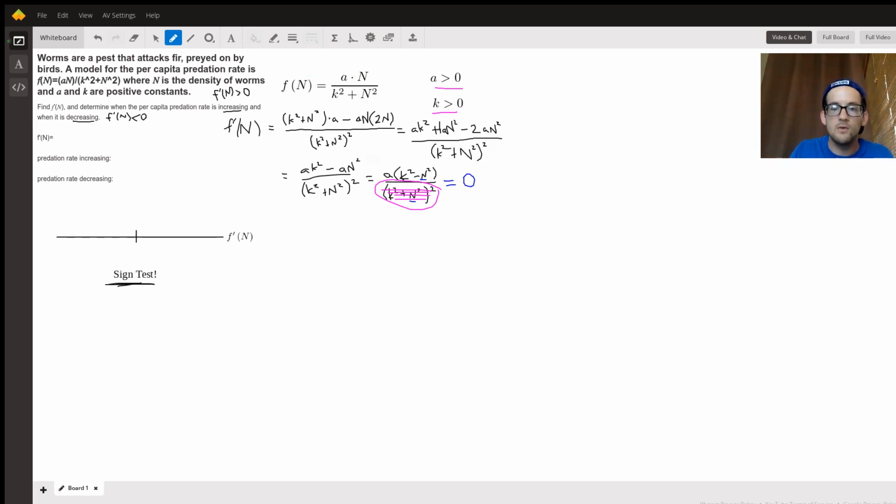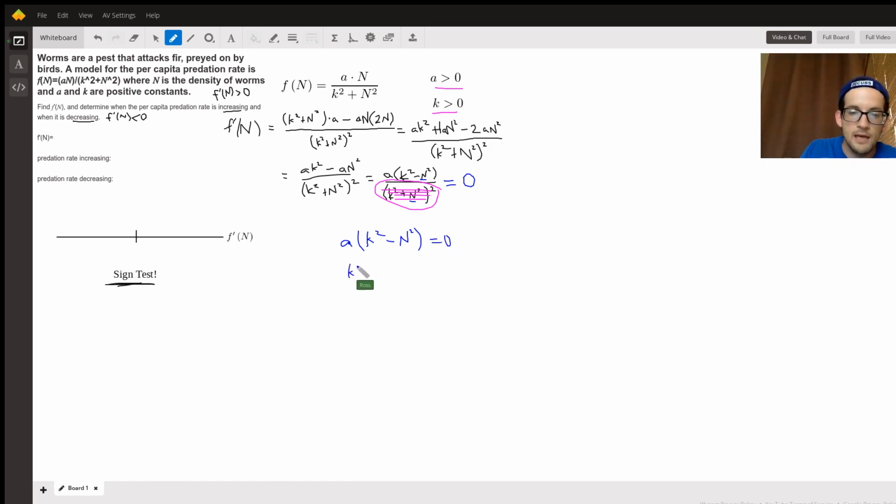We need to know when is a times k squared minus n squared equal to 0? Well, we can solve this pretty easily. If we divide by a on both sides, which is just a positive number, 0 divided by a will still be 0.